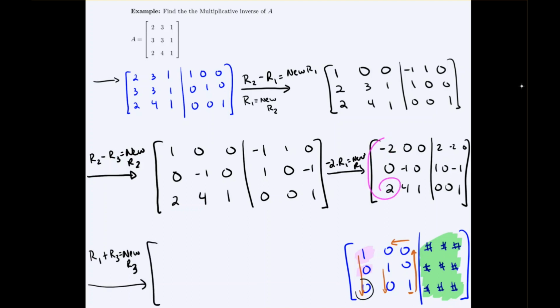Negative 2 plus 2 is 0. 0 plus 4 is 4. 0 plus 1 is 1. 2 plus 0 is 2. Negative 2 plus 0 is negative 2. 0 plus 1 is 1. Second entry stays the exact same.